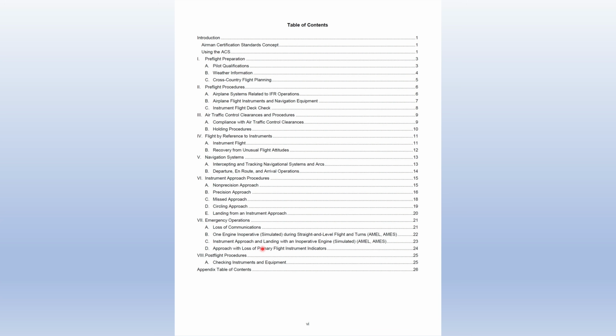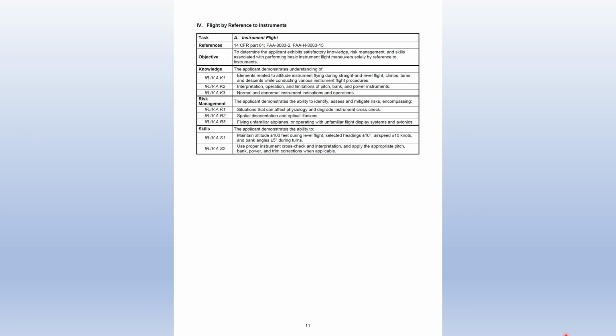For example, area of operations 7, tasks B and C have to do with flying a multi-engine airplane on instruments with one engine inoperative, so those won't be included on a single engine instrument check ride. Each task is divided into sections labeled knowledge, risk management, and skills. During the oral portion, the examiner should ask one question from each of these sections.